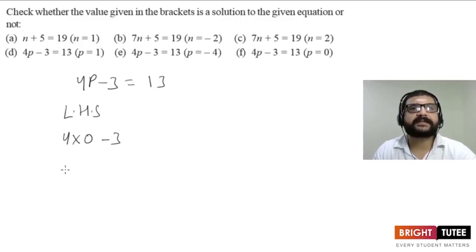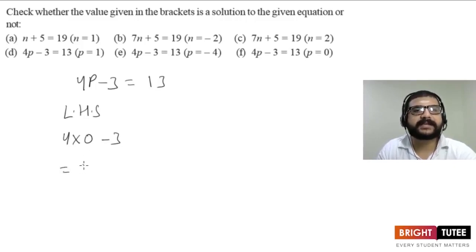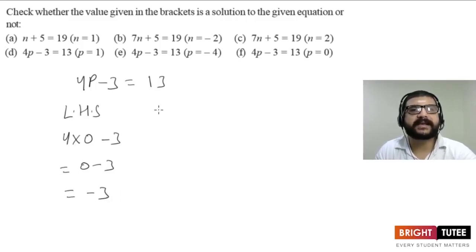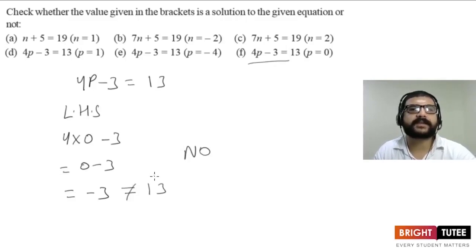As we know, when 0 is multiplied with any number, it gives us 0 itself. So we will get 0 minus 3, and we know 0 minus 3 is equal to minus 3. And this minus 3 is again not equal to 13, which is RHS of the equation. Hence p equal to 0 is also not a solution of the given equation 4p minus 3 is equal to 13.